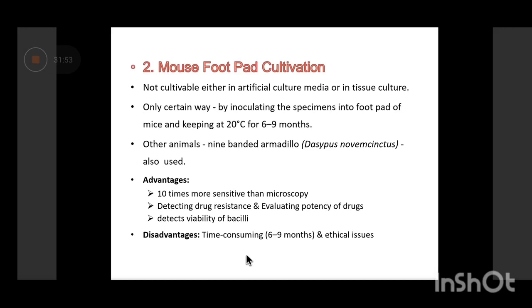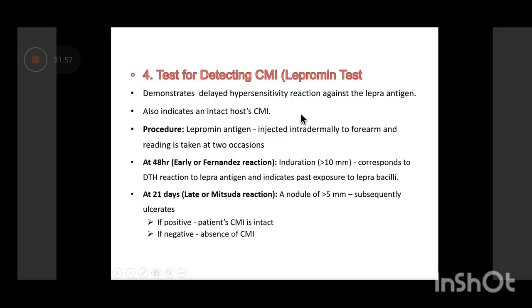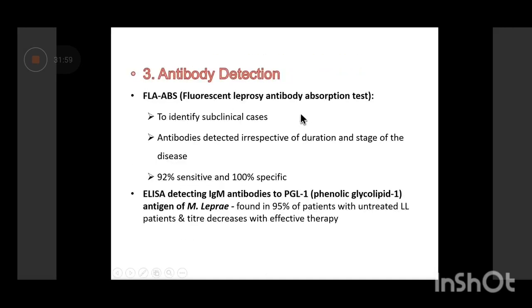Apart from culture, we can go for antibody detection. We can use the fluorescent leprosy antibody absorption test. It identifies subclinical cases, and antibodies are detected irrespective of the duration and stage of the disease. This test is 92% sensitive and 100% specific.